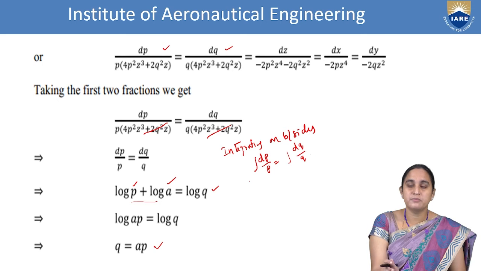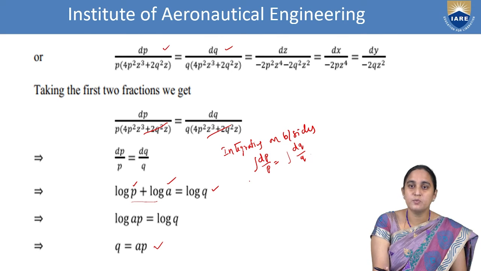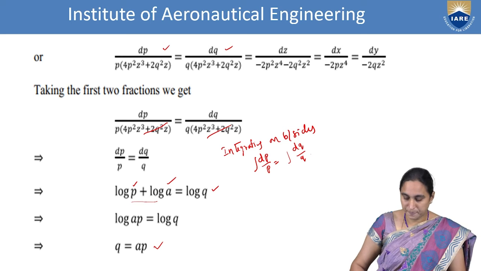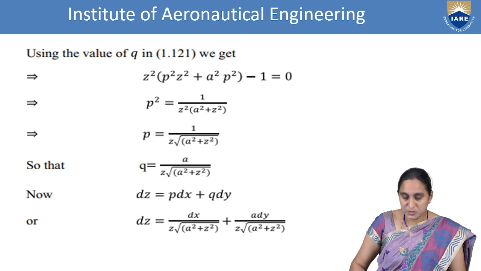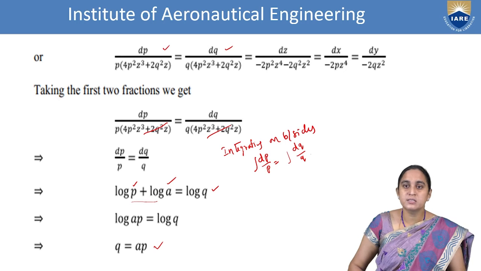If we equate the first two fractions from the auxiliary equation, here we got q is equal to a into p. Now substitute that q in, what's the next procedure? From the auxiliary equation, here we got the q value. Then we can substitute that value in the given question.